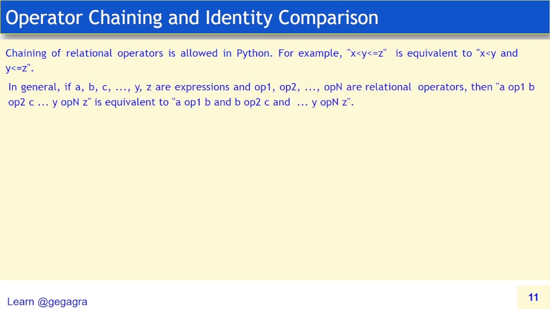In general, if a, b, c are expressions and op1, op2, op3 and opn are relational operators, then a op1 b op2 c op3 d and so on, up to operator n and z, is equivalent to a op1 b and b op2 c and so on, up till y opn z.